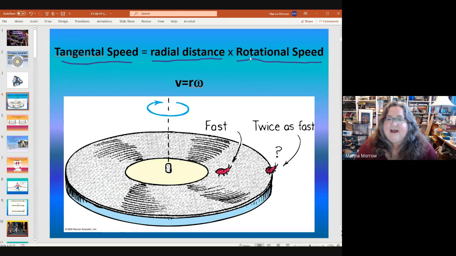The right units is something called radians per second, which we're not using. So we don't actually use this formula except as the idea that the velocity gets larger as the radius gets larger. But all points on this record would have the same rotational speed. If it was going at 33.5 RPMs, then all points would be going that fast at the same time.